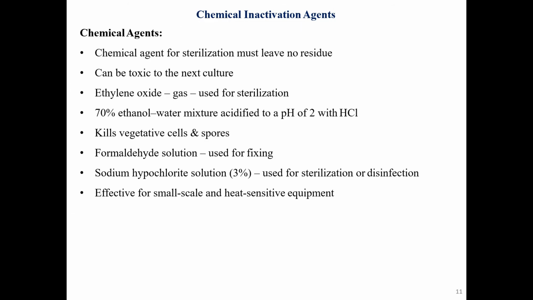So talking about the last part, the chemical inactivation agents. Chemical agents for sterilization must leave no residues, as they can be toxic to the next culture. Also, ethylene oxide can be used for sterilization, and it definitely adds a lot toward ensuring sterilization.